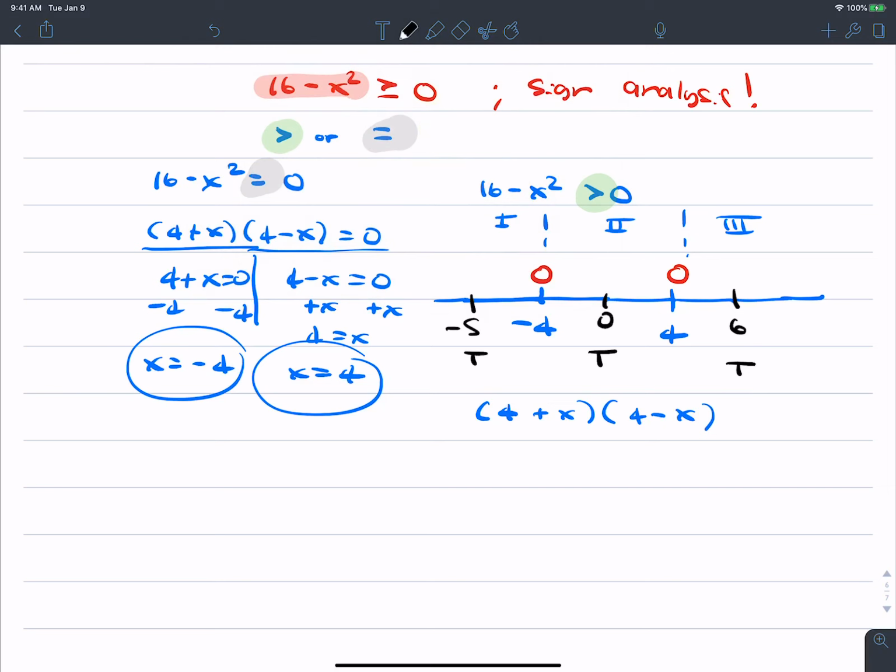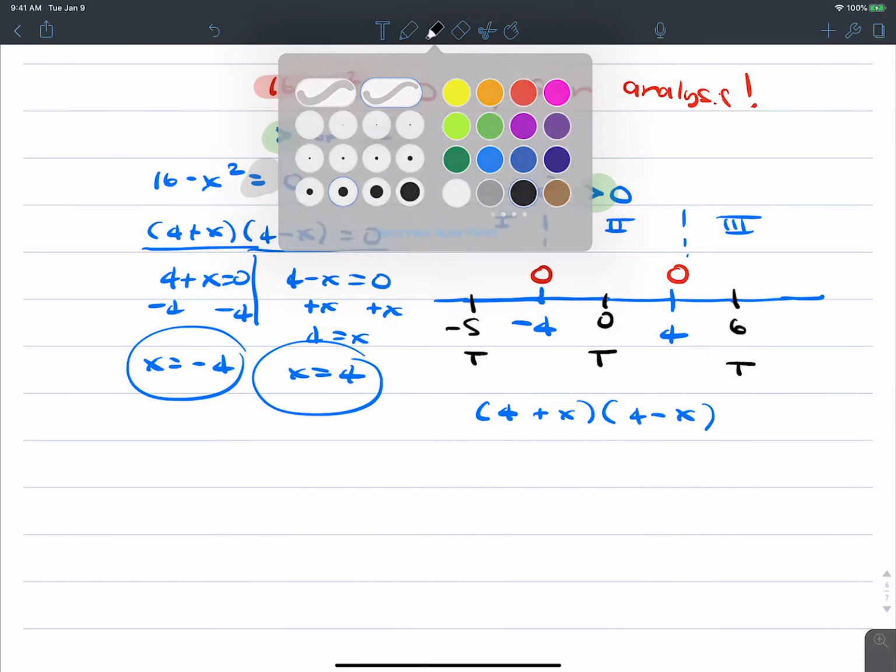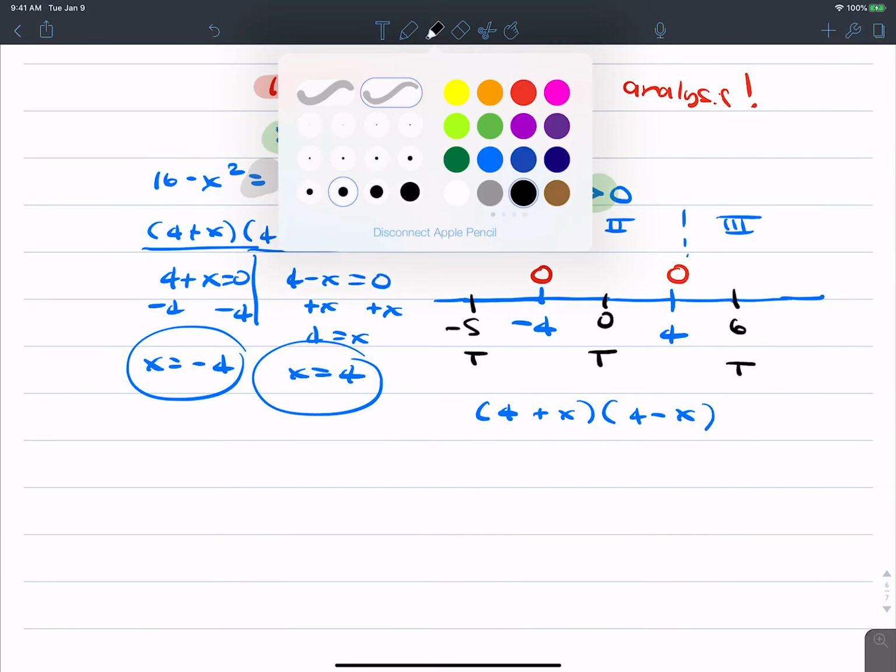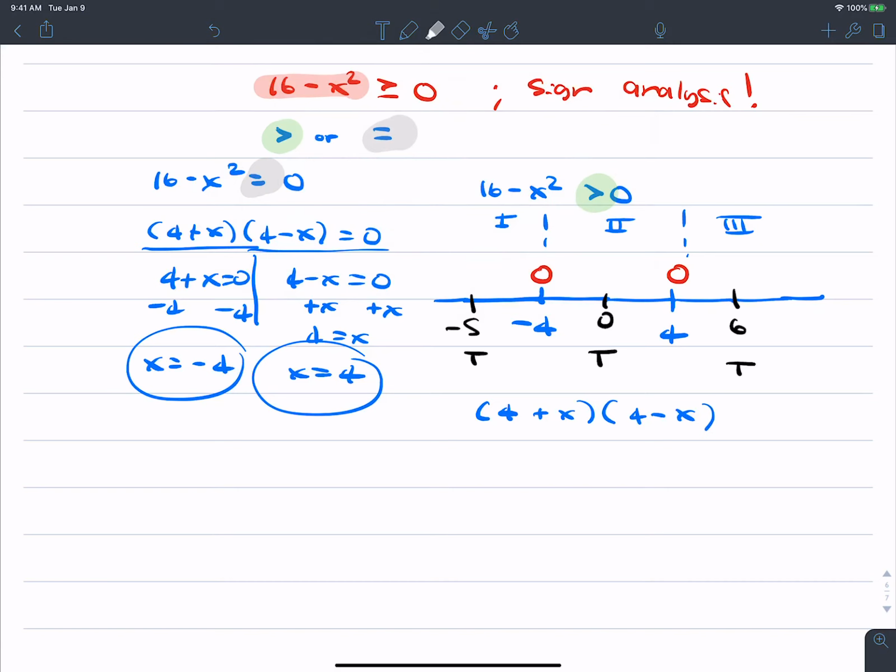The first test point we're going to use here is, oops, sorry, we're going to use the value negative 5. Get so distracted by the art of this. So we're going to use negative 5. That's a test point, we labeled it test point. That's why I label it a T. So when I plug in negative 5 here and here, we get 4 minus 5, which is negative 1.